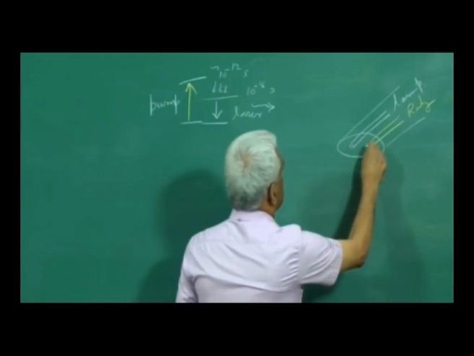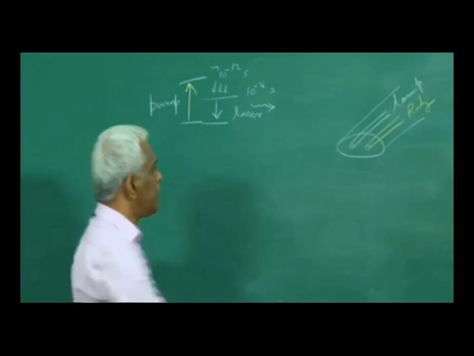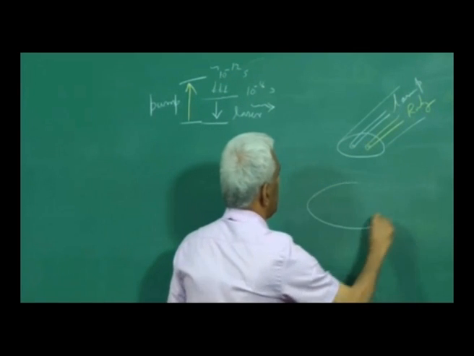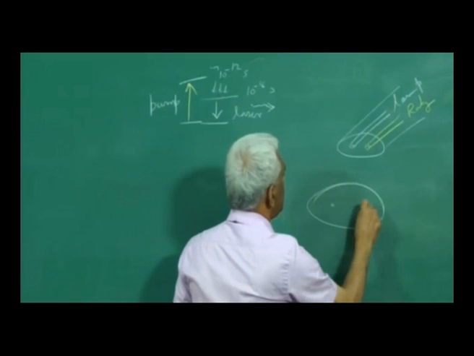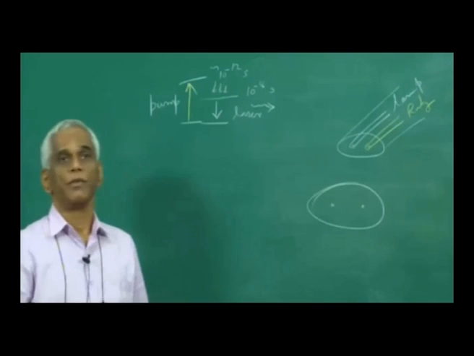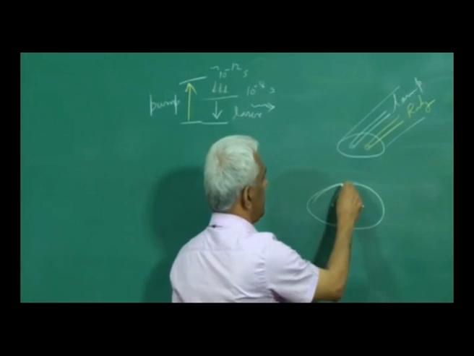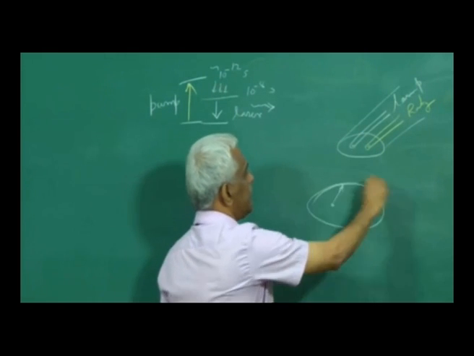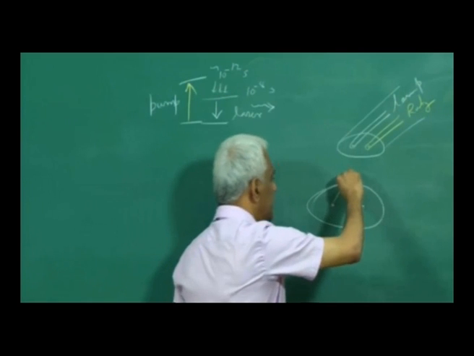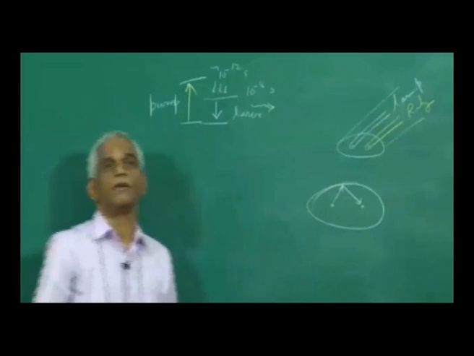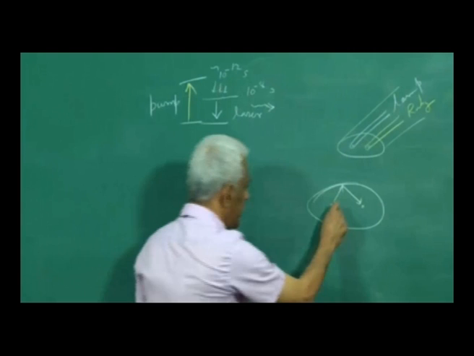Now look at this ellipse. The ellipse has a wonderful property. The ellipse has two foci, and from this focus, whatever light beam goes and gets reflected from the cavity necessarily comes to the other focus, whichever direction it goes.